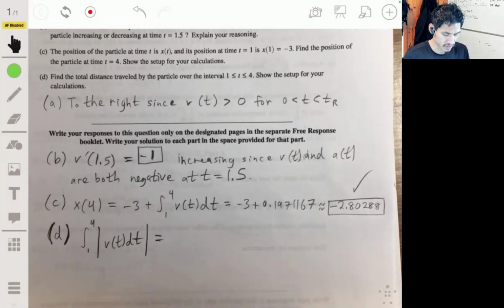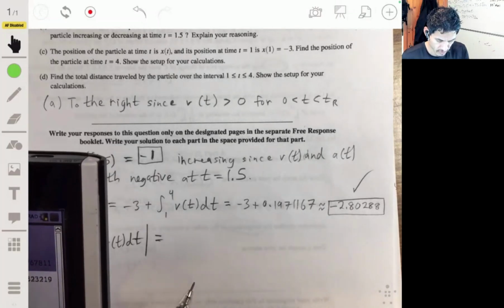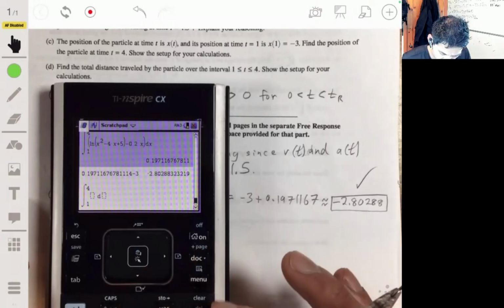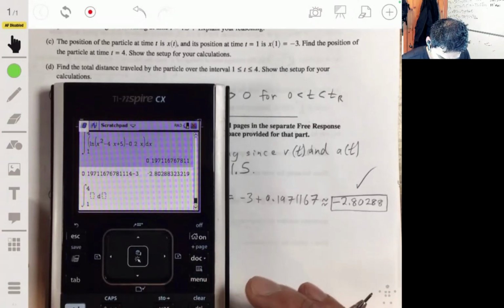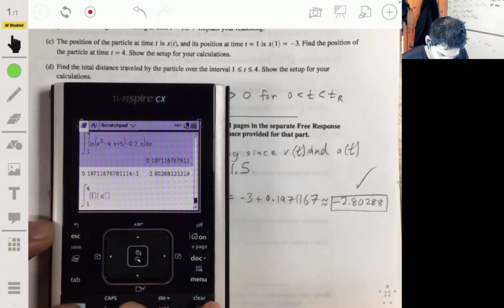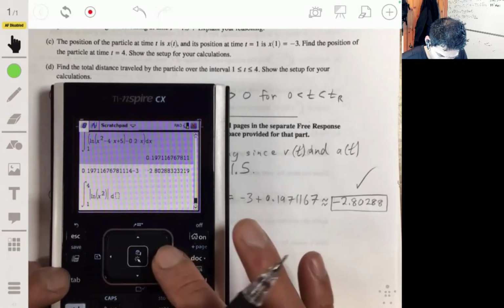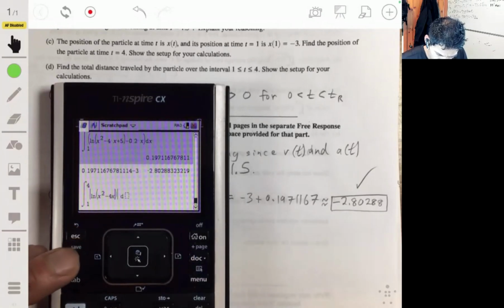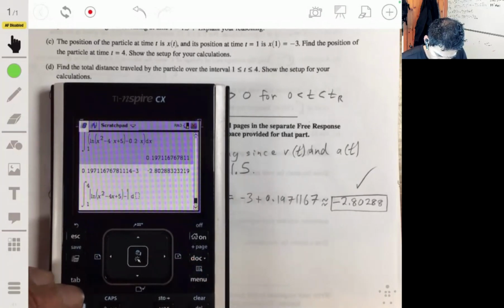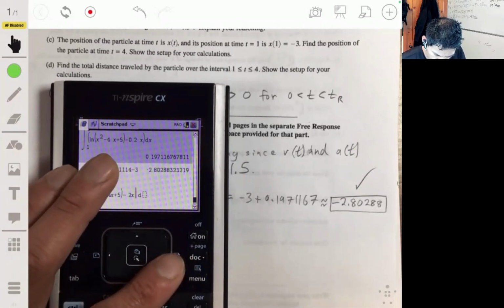So you can also do this in your calculator, depending on the calculator you have. I have one that you can do that in. And we're going to go bust out the absolute value symbols. Here we go. Natural log of x squared minus 4x plus 5 minus 0.2x.